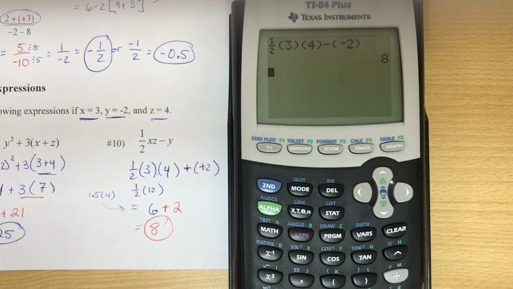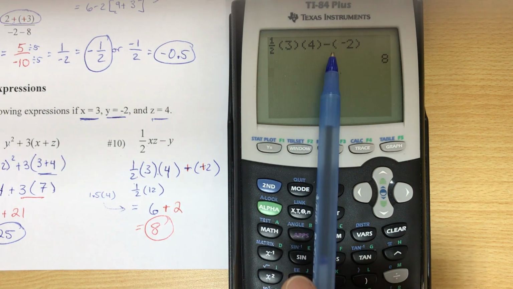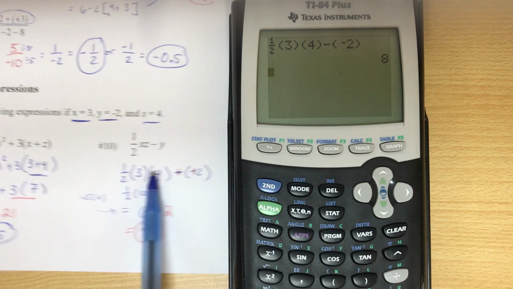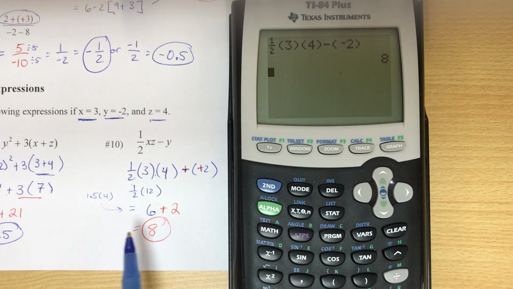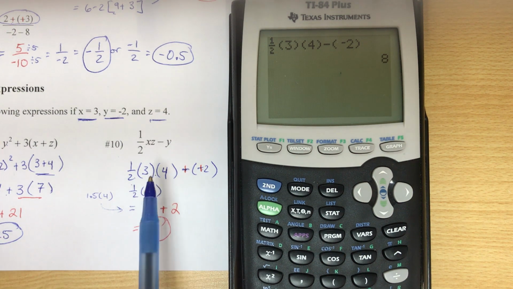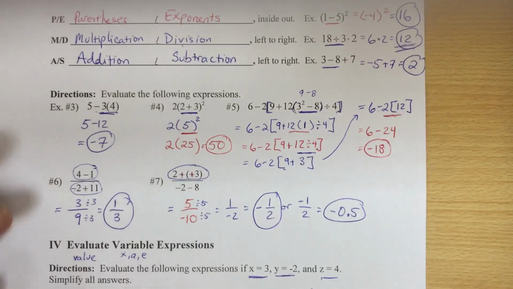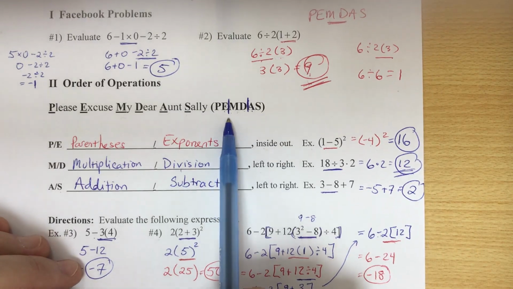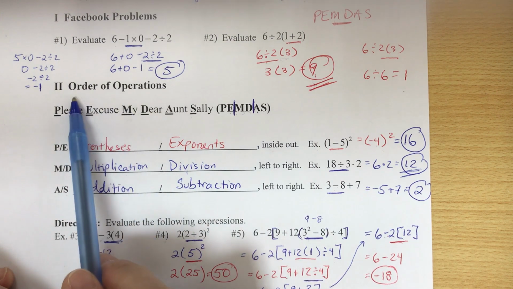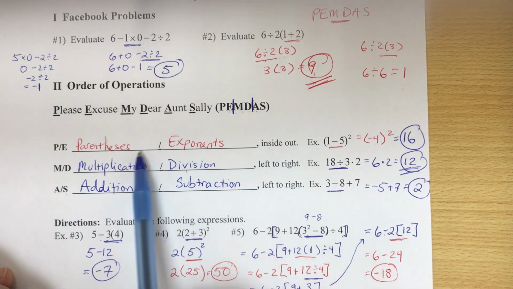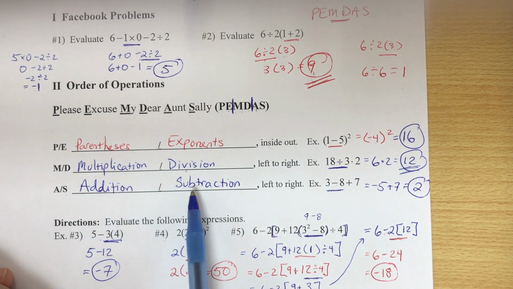Now, you might be asking yourself, why don't I just go to the calculator at the very beginning? Why should I even write this down and work this out? What's the point? It's really important that you understand the order of operations, that you understand the order that you need to do things.